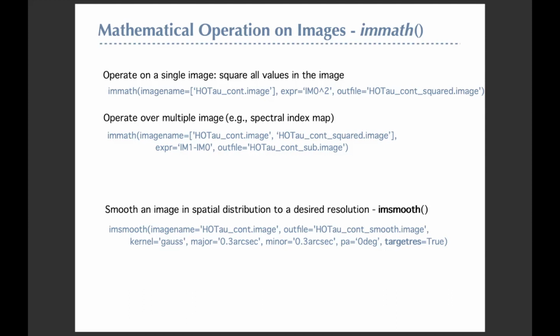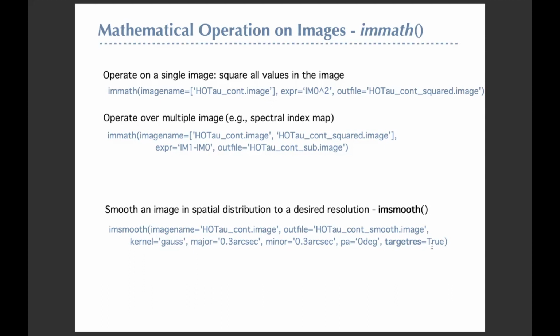If tclean has resulted in different beam shapes, we need to first convolve the two images into the same shape. And this can be done with the imsmooth task. We can specify the target beam shape and set the target resolution as true.